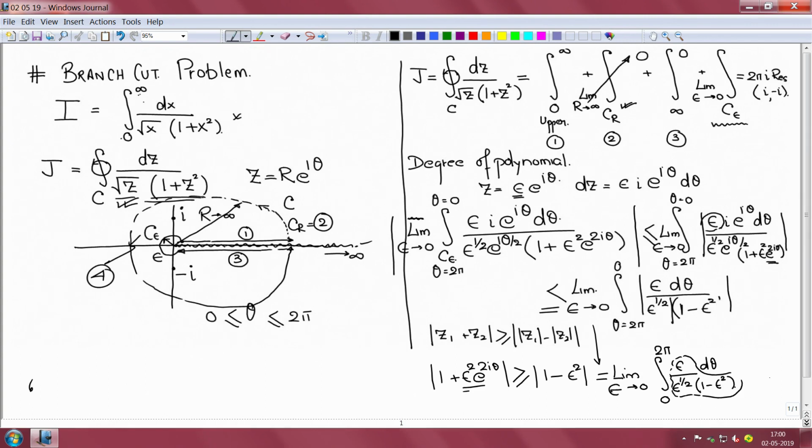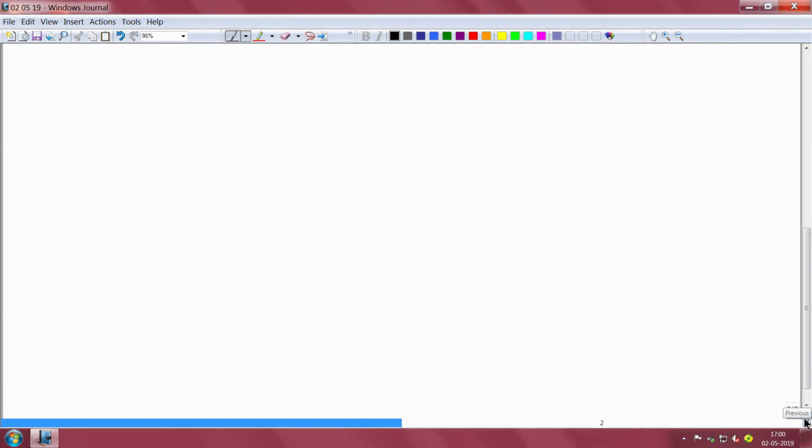And so, on the next page I have limit epsilon tending to 0, epsilon over epsilon to the power half 1 minus epsilon square integral with the switched limits d theta.